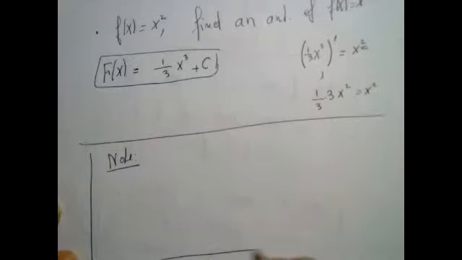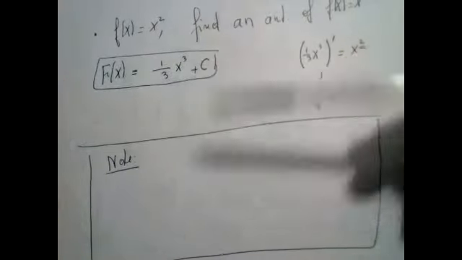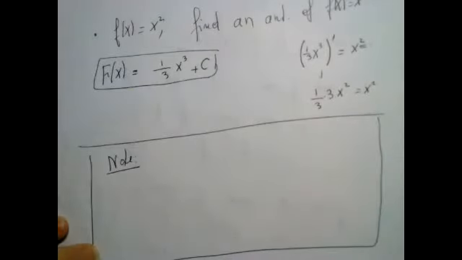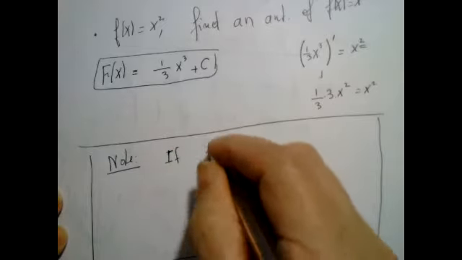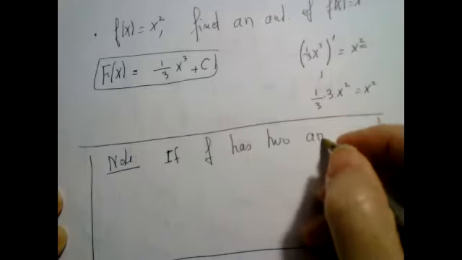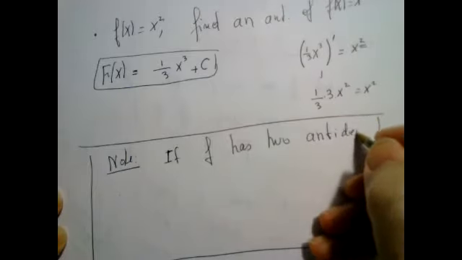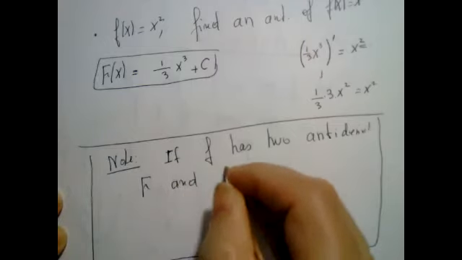A function can have a lot of antiderivatives, as we realized, because adding a constant will not change the derivative. But this is the theorem. If a function has two antiderivatives, F and G, how can this happen?